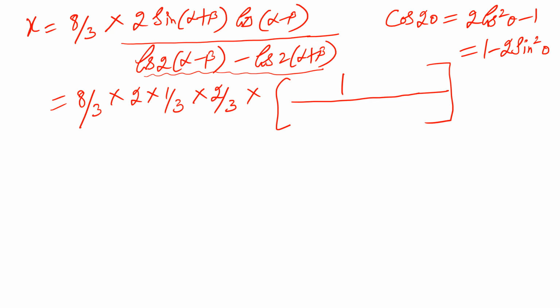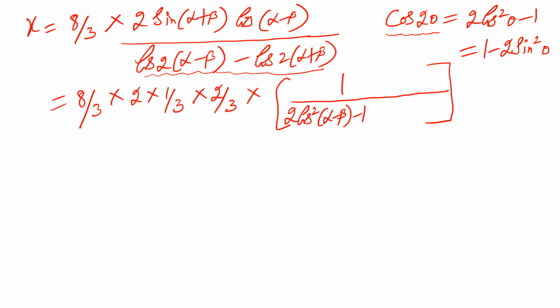Now since I'm given the value of cos alpha minus beta, so to get the value of cos 2 times alpha minus beta, I will be writing it as 2 cos square alpha minus beta minus 1. That means in this particular identity, I will be putting theta as alpha minus beta. And cos 2 times alpha minus beta will become 2 cos square alpha minus beta minus 1.